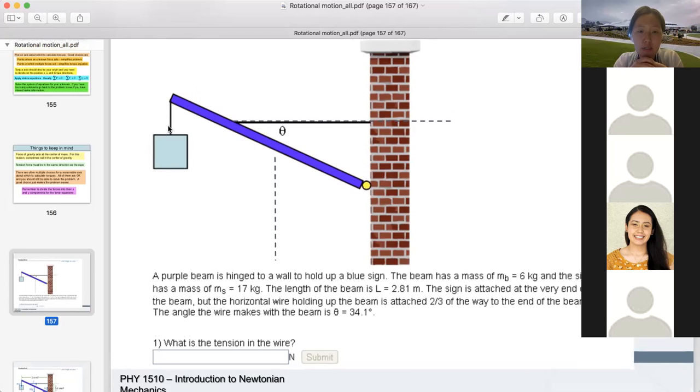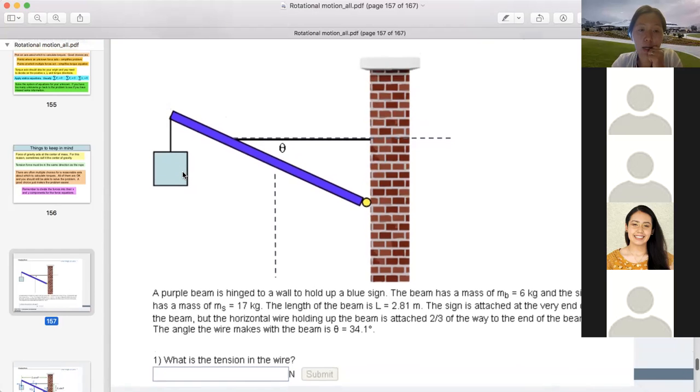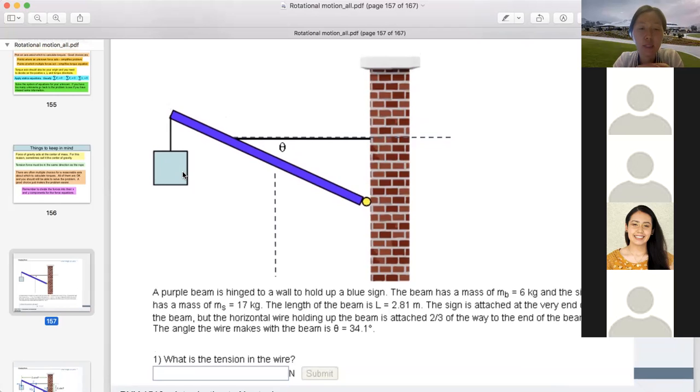What do you think that distance would be? We know that the beam has length L, but I don't want the beam's length, I want the horizontal distance. Knowing that the beam makes an angle theta with respect to the horizontal, what would you draw? What would you say the horizontal distance, the lever arm, is for the weight of the sign?